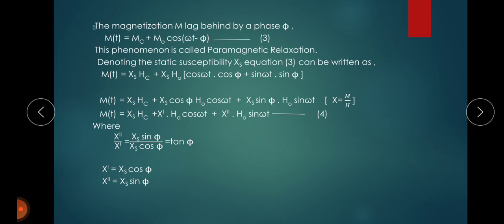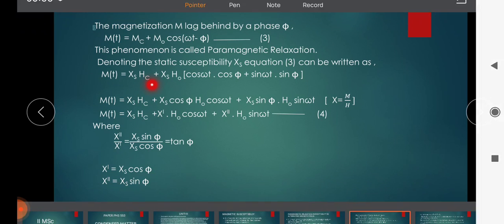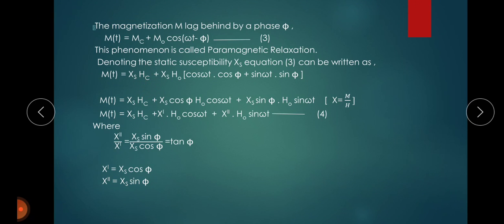Here M(t) equals chi s Hc plus chi s into H naught, because instead of M naught we apply H naught.